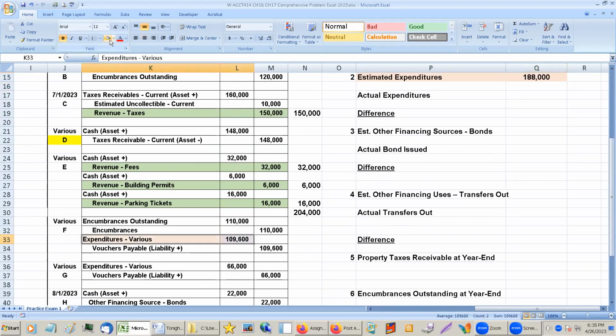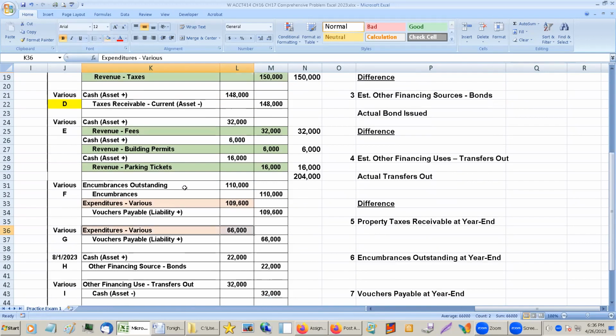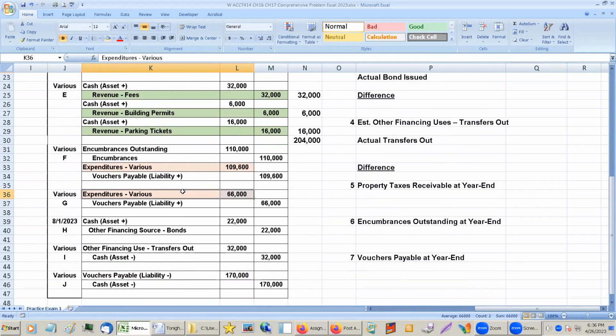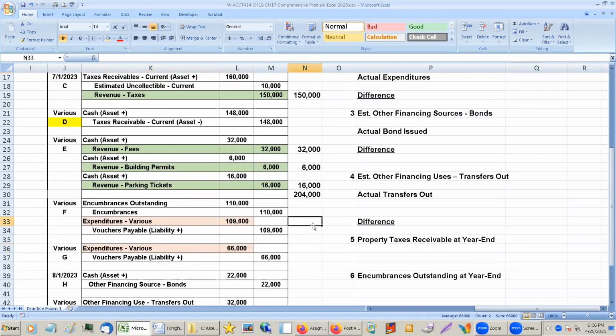Here's one. Another one. Is that it? Okay, I guess that's it. All right, I'm going to add those up. $175,600.